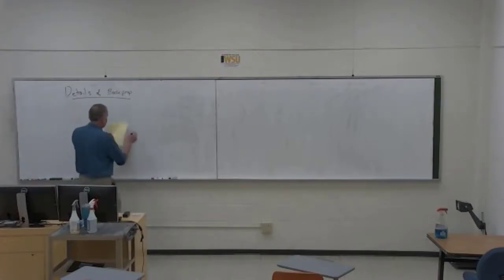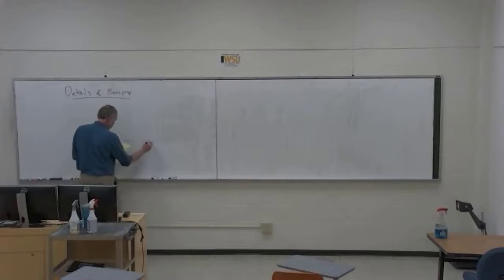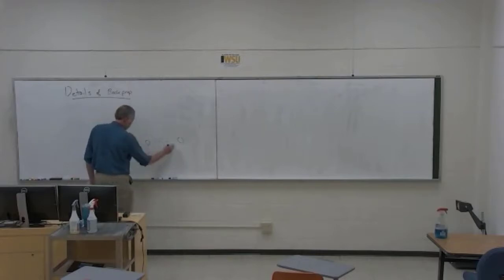Here's a picture of our neural net, or generic neural net. This is the bias neuron, and these are input neurons. We're saying there's n input neurons.